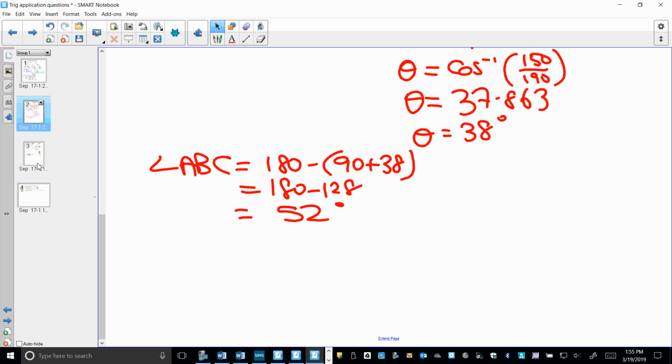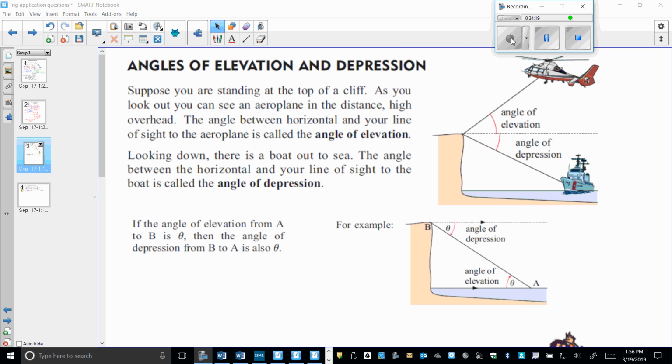Next, let's talk about phrases that we sometimes see in questions. This bit here talks about angle of elevation and angle of depression. Elevation means rising, you're elevating, you're going up.